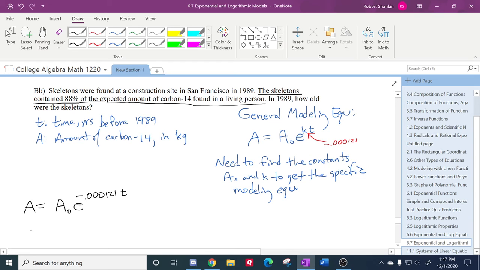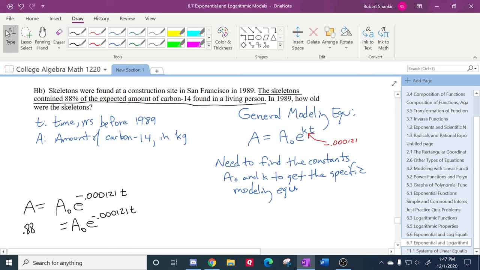Anything? When you plug in 0.88 to A... Okay, what you just said is the most common student reaction to this, and it's close.